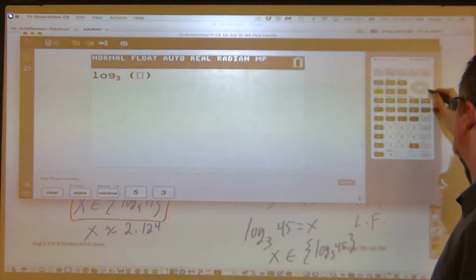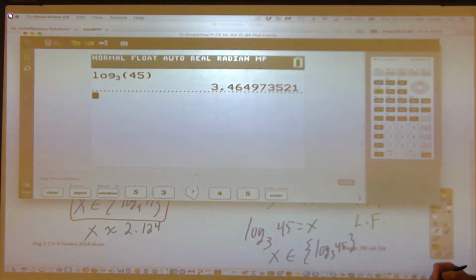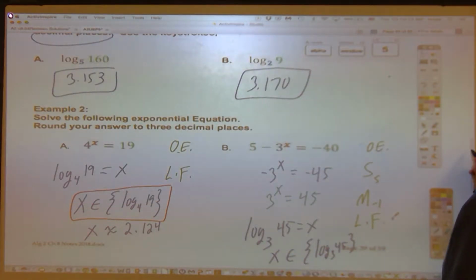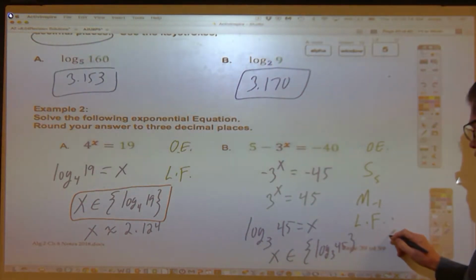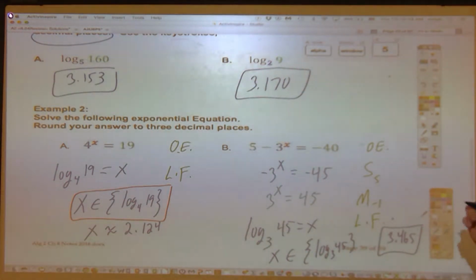So my calculator says that log base 3 of 45 is 3.465 approximately. So if you had 3.465 as the approximate value of x, you're in good shape. Any questions on example 2?